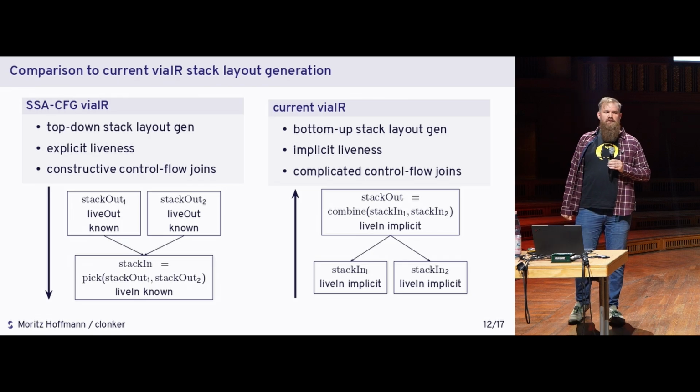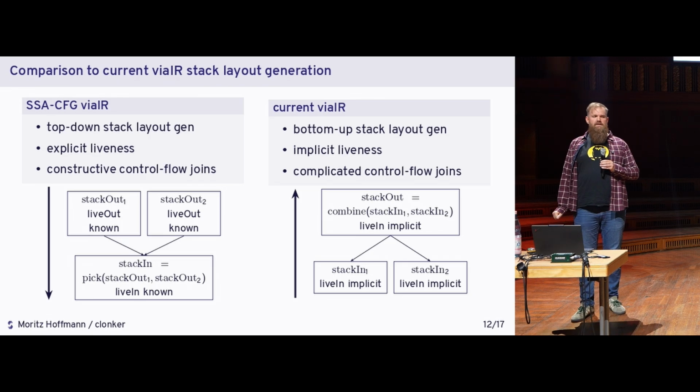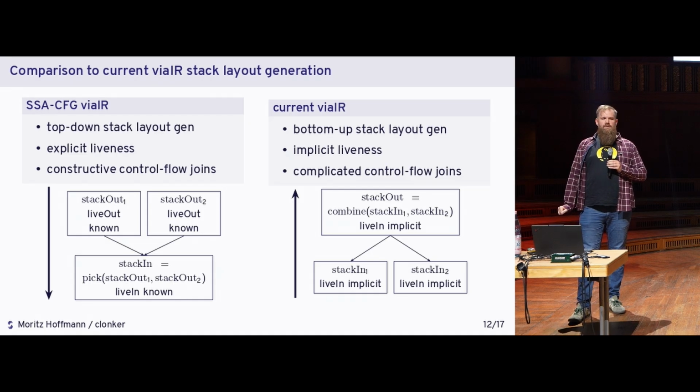Now, doing the SSA CFG representation based on Yul allows us to do stack layout generation slightly differently than it was done before. So if I hold them side by side, what we do now with this new backend is we go top down. You look at the entry of a function call, you look at the entry of the program itself, and then produce essentially top down, really in a topological sort style of way, the stack layouts.